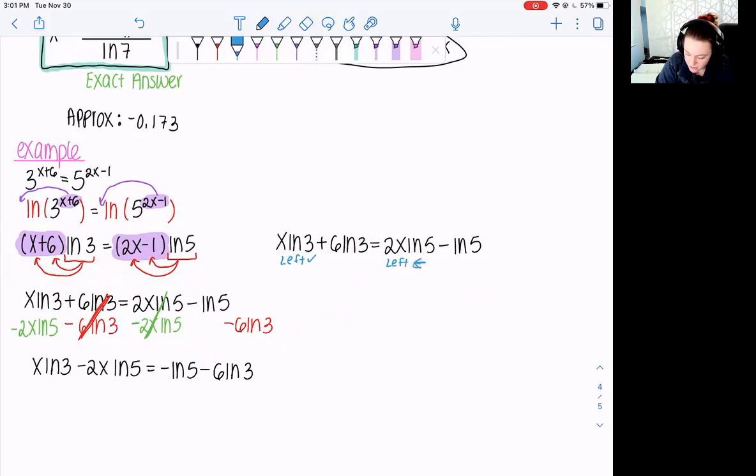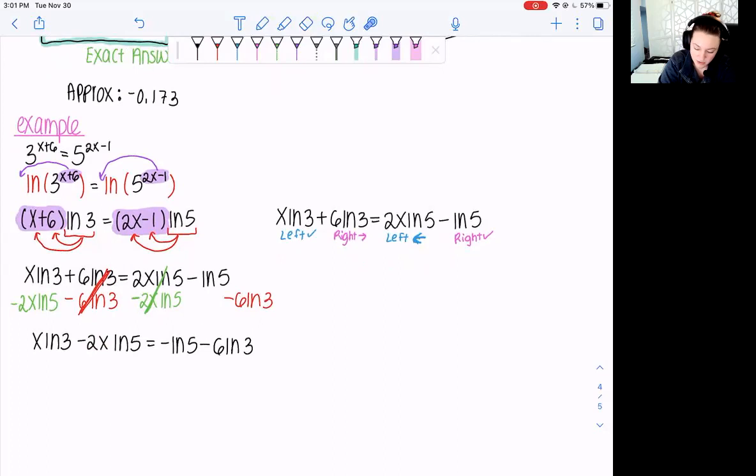So we would subtract him on both sides. You want this one on the right, which means he needs to move over because he's on the left right now. And you want this one on the right, and he's in the right spot. So we subtracted the 6 ln 3, and then we also subtracted the 2x ln 5. Are there any questions about the math up to this point right here?